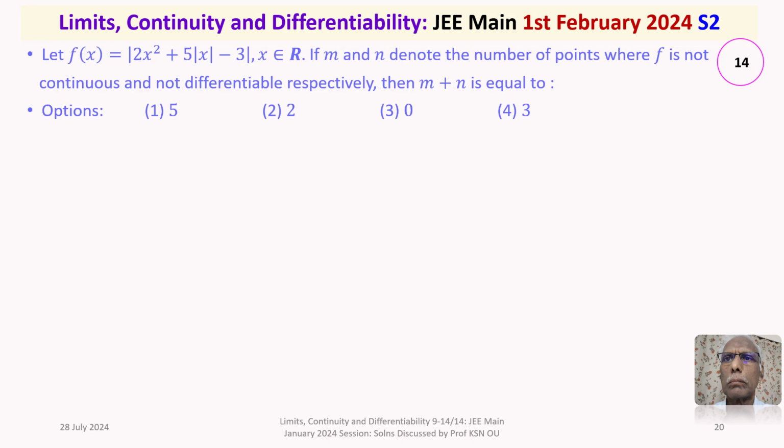Now, many of them give the graph of f of x is equal to mod of 2x square plus 5 times mod x minus 3, and get the answers from that graph.